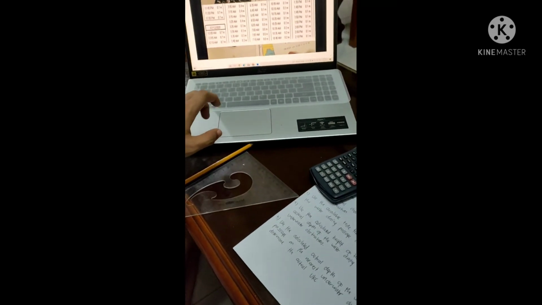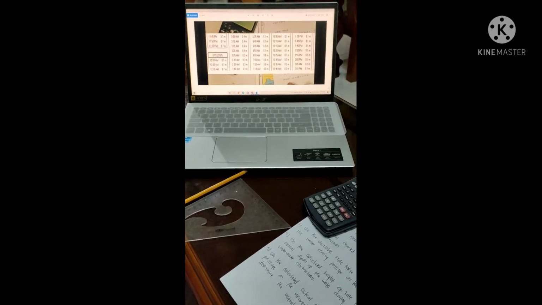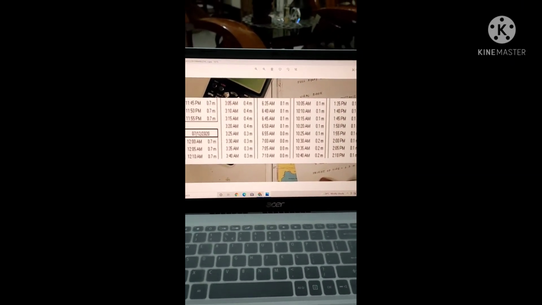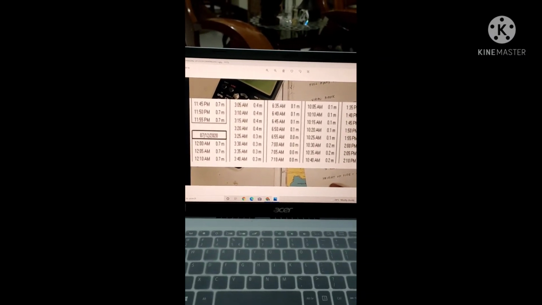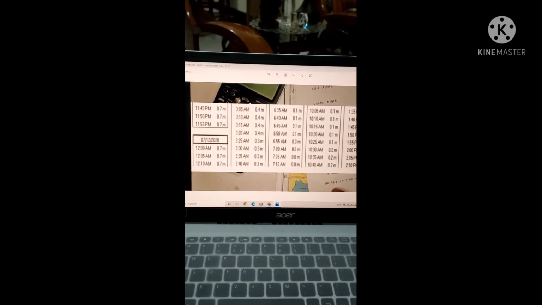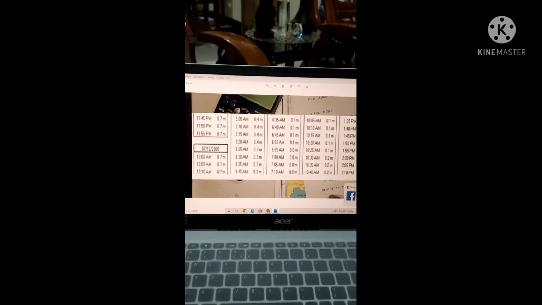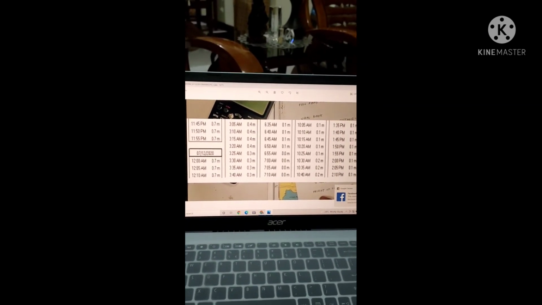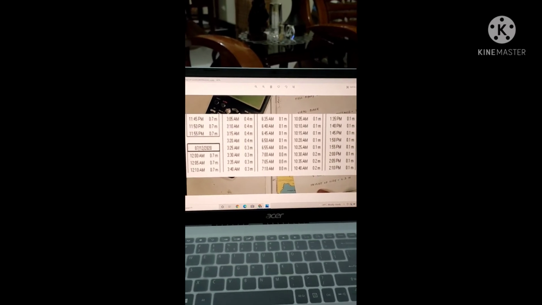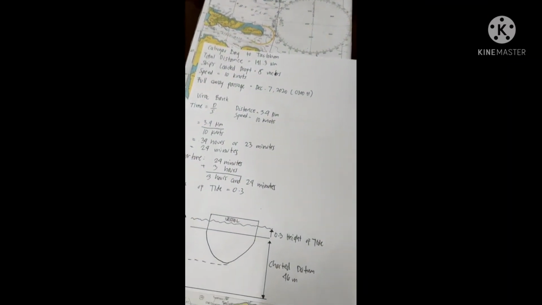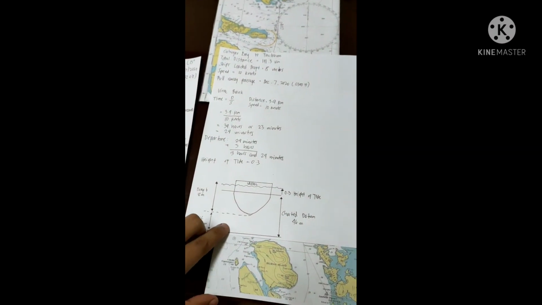This is the tide table. It is 0.3 because the time is 3 hours and 24 minutes, and that is the height of the tide at Virac Bank. Next, I will show you the illustration.